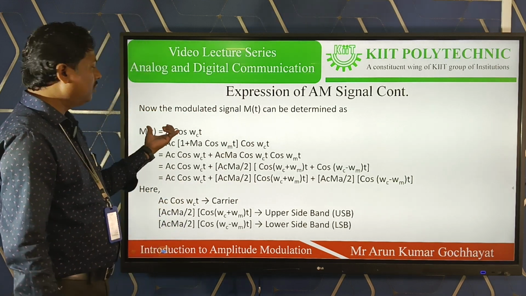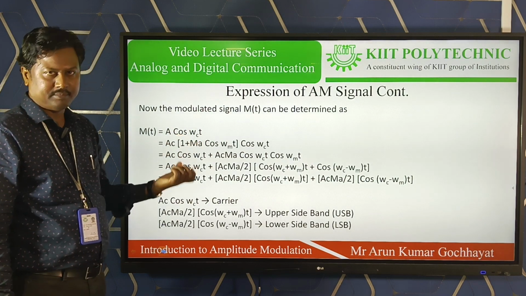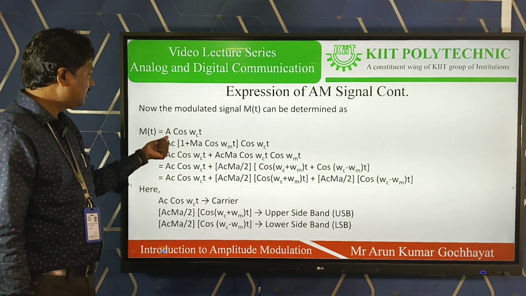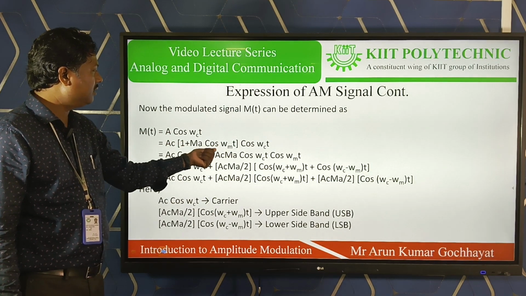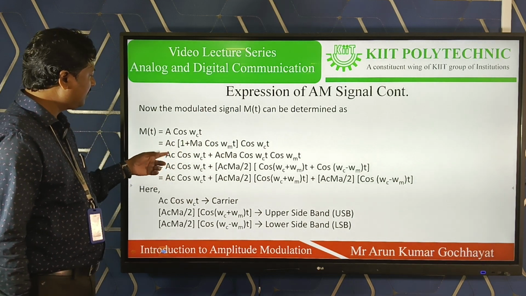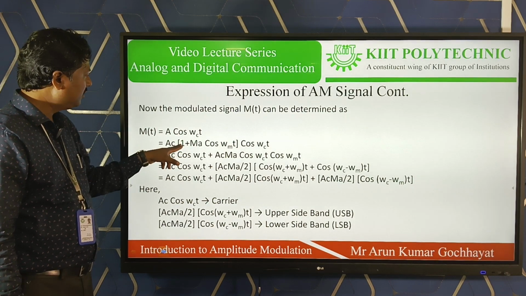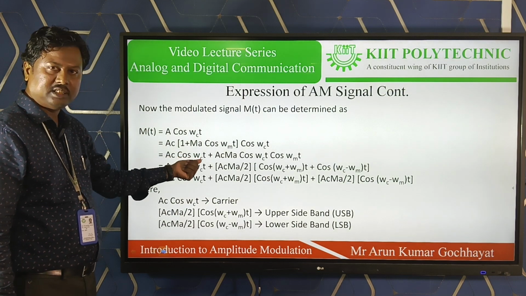Next we can take the whole expression of the modulated signal and put the newly derived amplitude expression over here. So in place of A we will place AC whole into 1 plus MA cos omega mt. Now if we open the bracket, we will have AC multiplied with 1, that becomes AC, which is again multiplied with cos omega ct, that becomes AC cos omega ct.